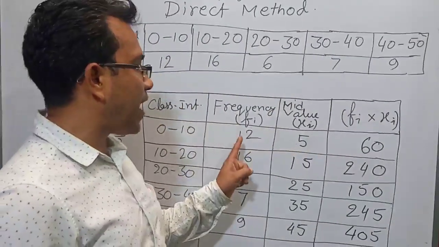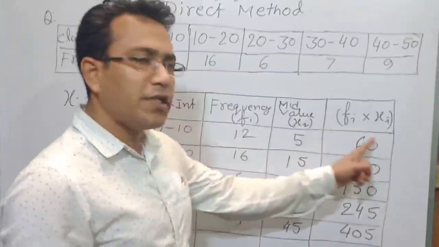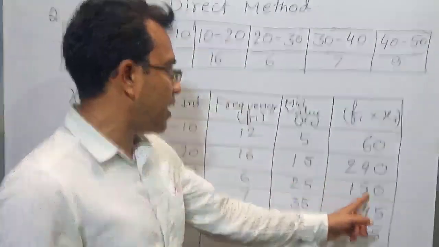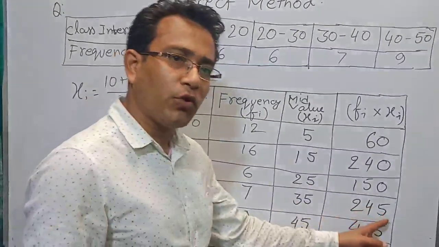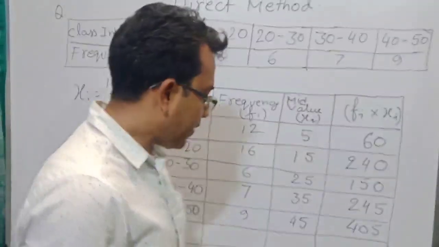I have multiplied the Fi with the Xi. So 12 5s are 60, 16 15s are 240, 6 25s are 150, 7 35s are 245, 9 45s are 405.